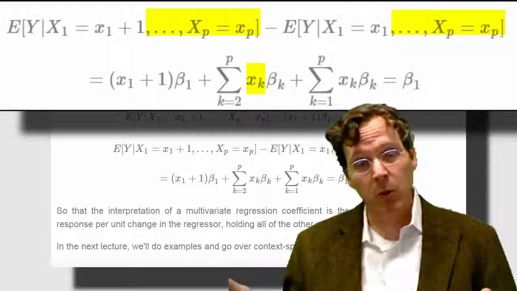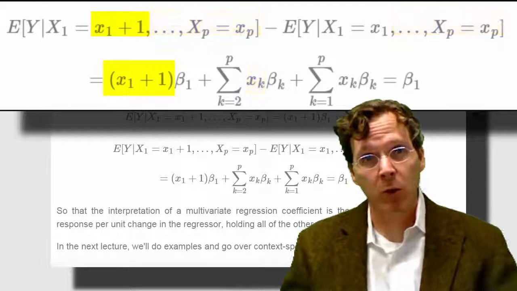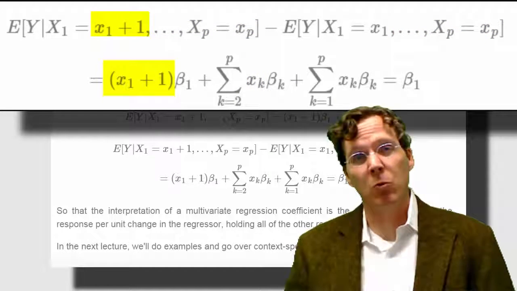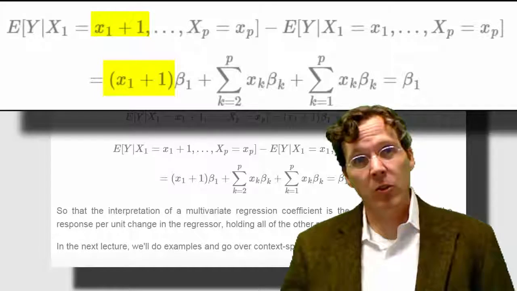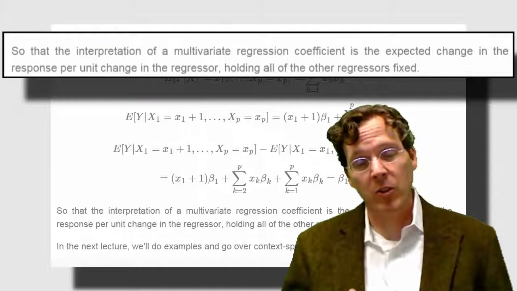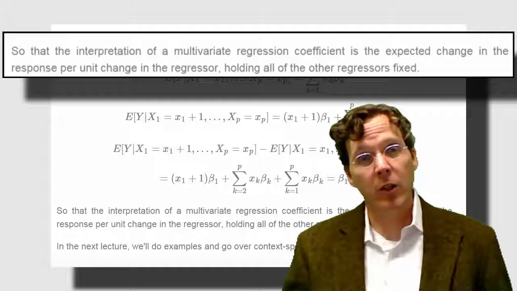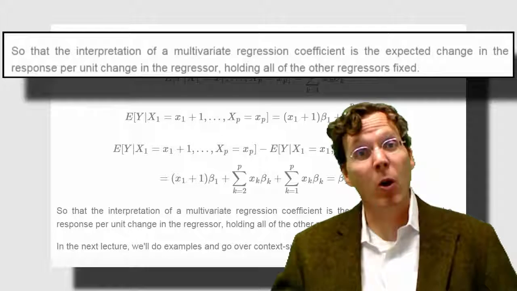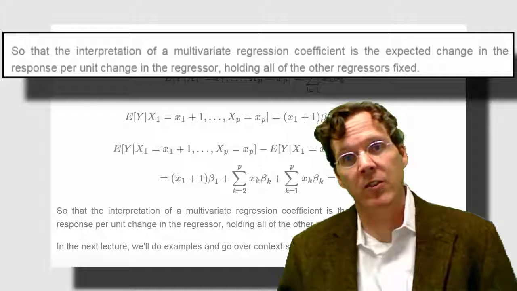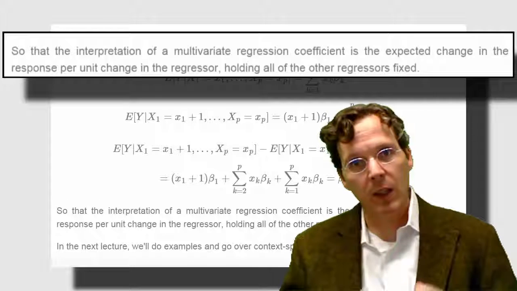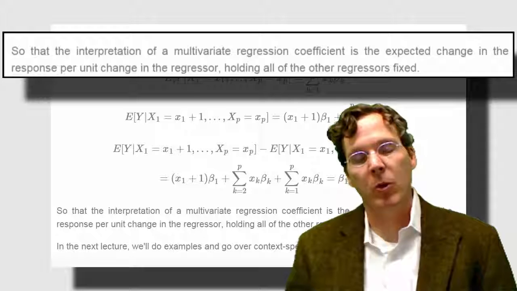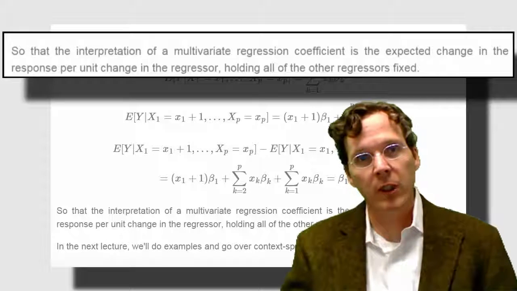So x2 to xp were held fixed, and x1 was incremented by 1 unit, whatever the units of x1 is. So the interpretation of a multivariable regression coefficient is it's the expected change in the response for a unit change in the regressor, but holding all the other ones constant.